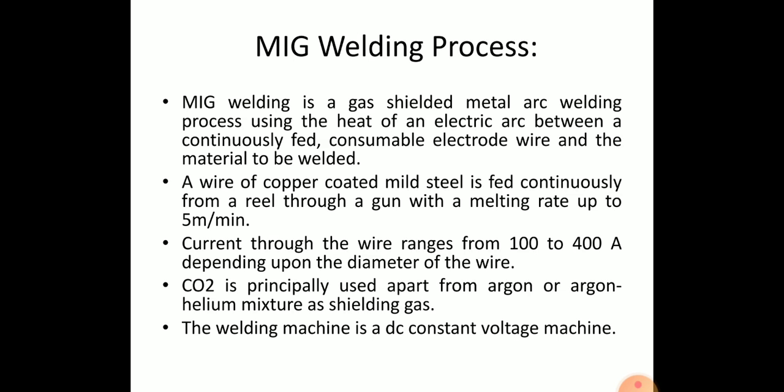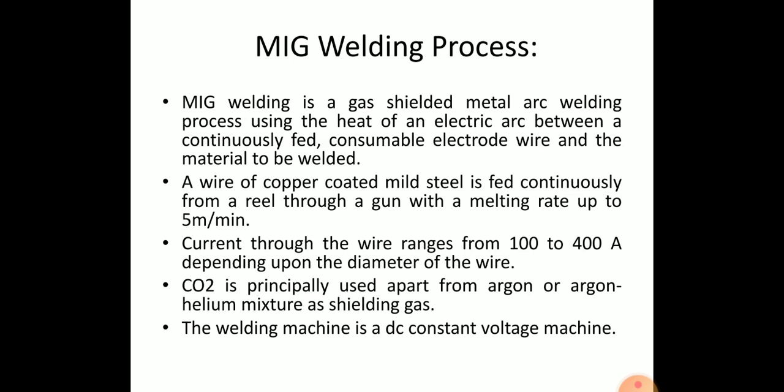Current through the wire ranges from 100 to 400 ampere depending upon the diameter of the wire. CO2 is principally used, apart from argon or helium mixture, as a shielding gas. The welding machine is a DC constant voltage machine.